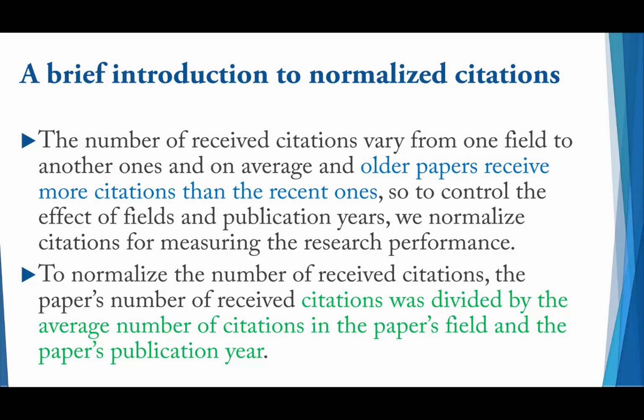To normalize the citations, first, the average number of citations in each field and publication year was calculated, and then the paper's citations were divided by the average number of citations in the paper's field and publication year.